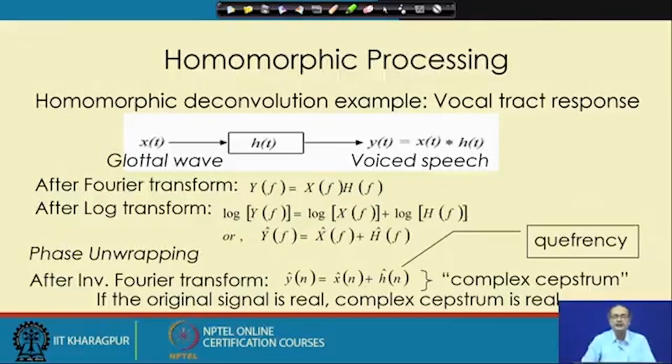It gives a repetitive kind of wave or sound, which gets convolved with the transfer function of our vocal tract, from that glottis to our lip.